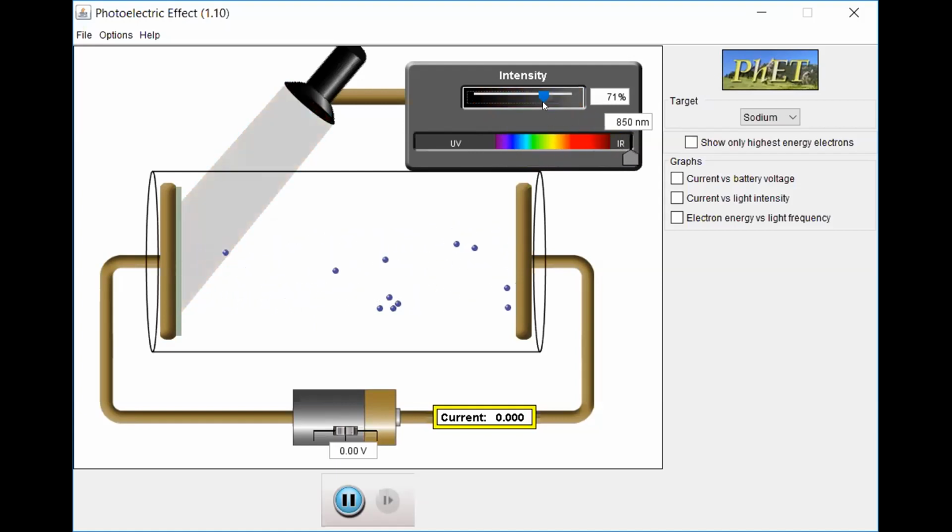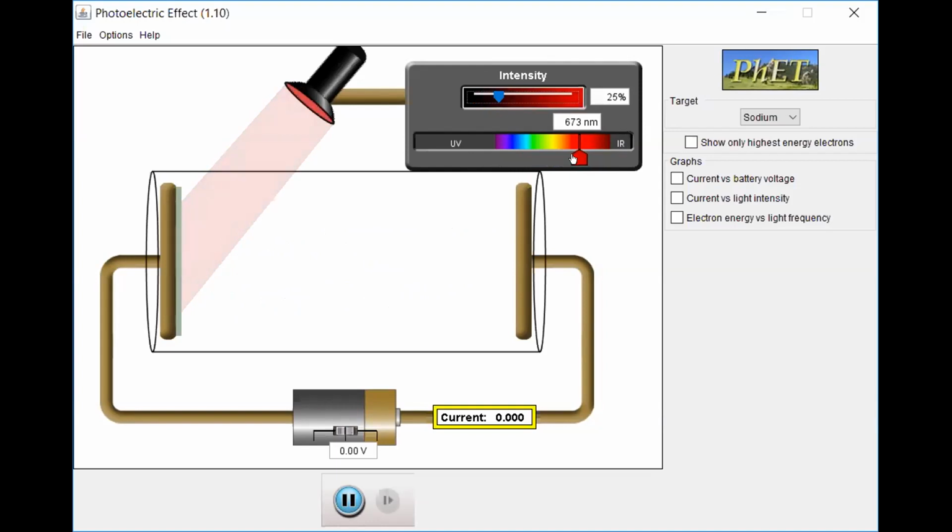So what I'm going to do initially is set the intensity at 25%. And what you'll notice is that down in the IR, if the frequency of the light is in the IR region, or the wavelength of light is in the IR region, no electrons are being ejected from that surface.